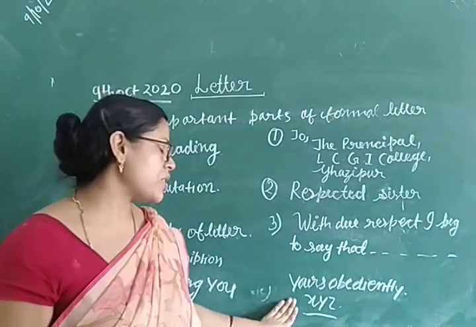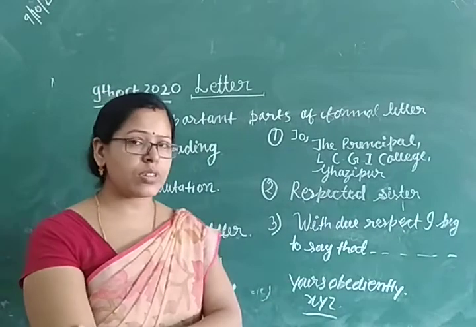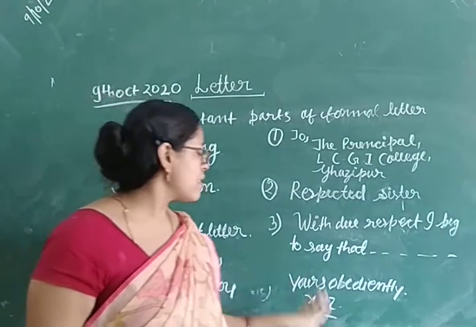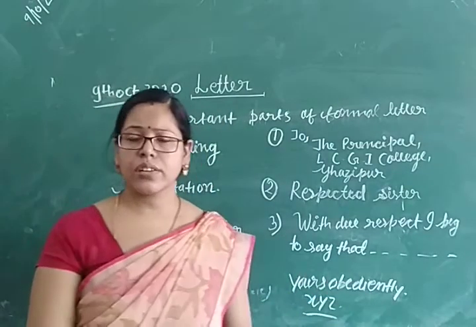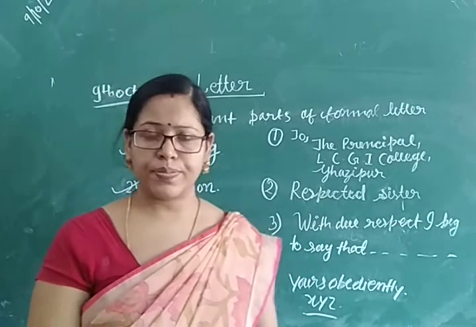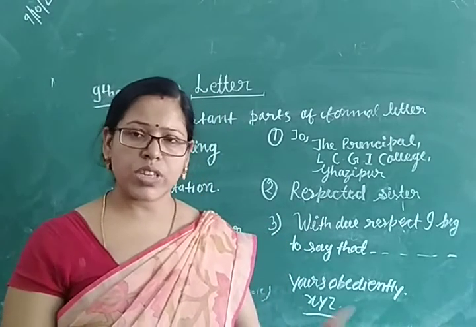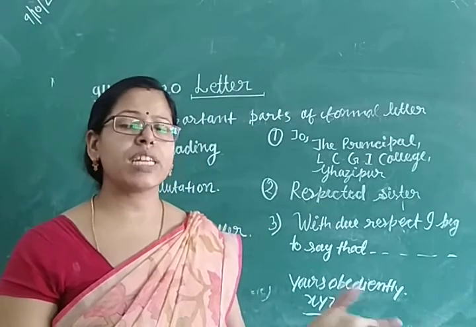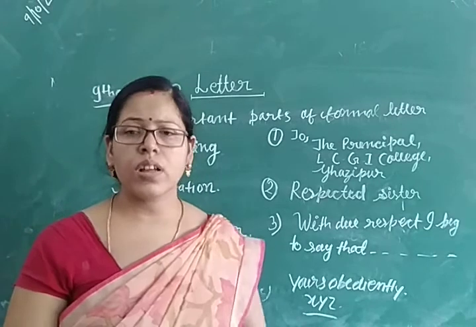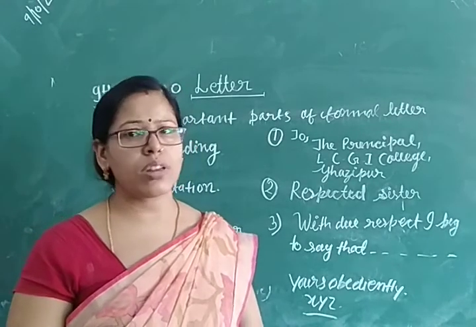Now, in the subscription, I would like to tell you something more. After writing this, yours obediently, if you are writing an application in real life to take leave or for any other purpose, then you will mention there your name, class, and roll number.